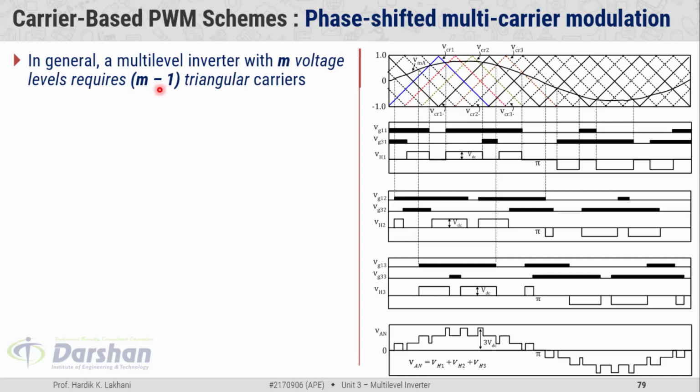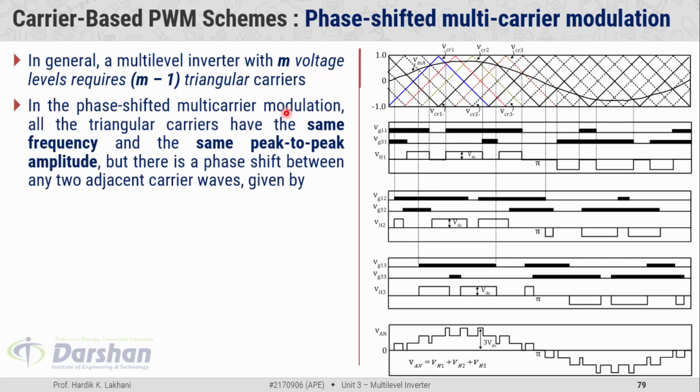So 7 minus 1 is equal to 6. We need 6 triangular signals for phase-shifted multi-carrier modulation, and that is for 7-level CHB.